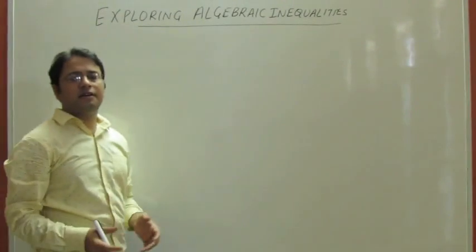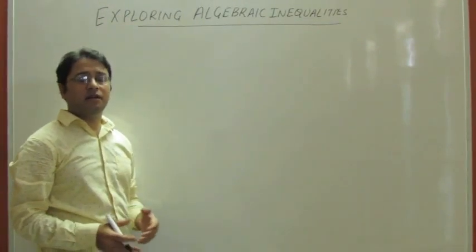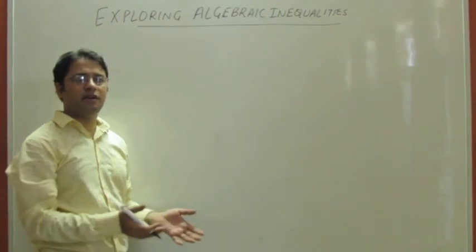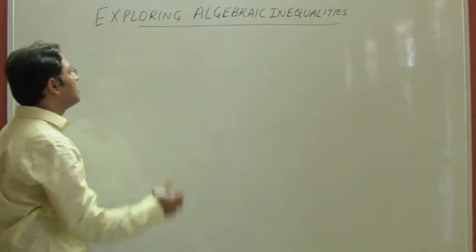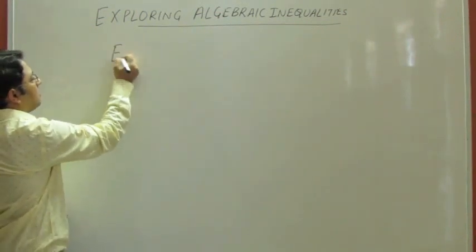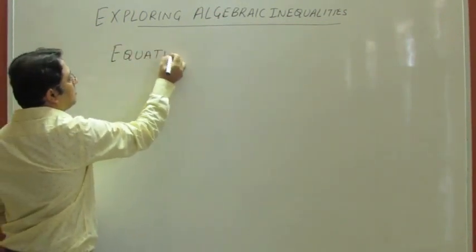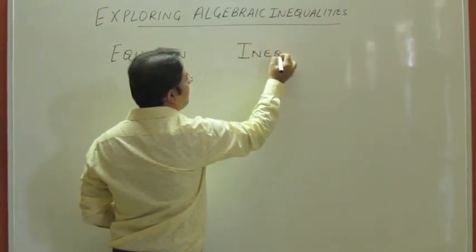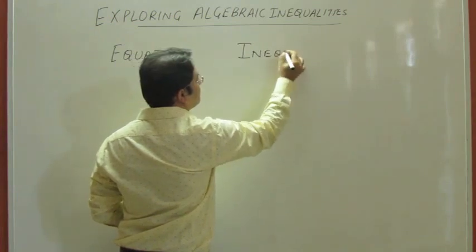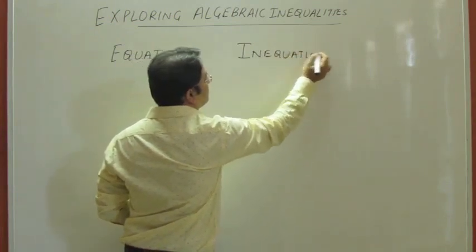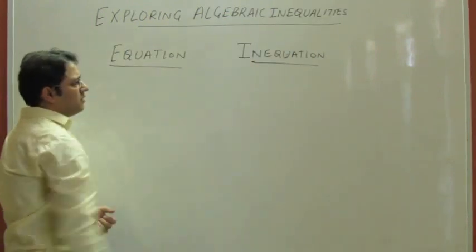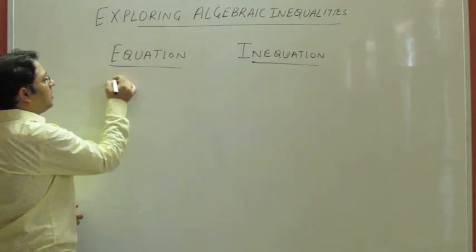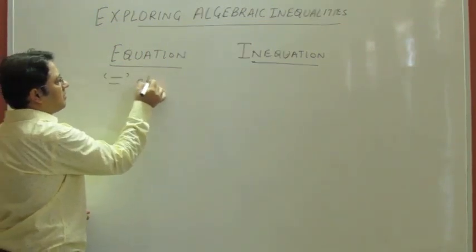So before we start learning about inequalities or inequations, we must understand the basic difference between an equation and an inequation. So basically, an equation is where an equal to sign is always there.